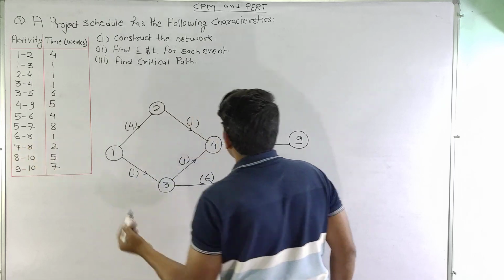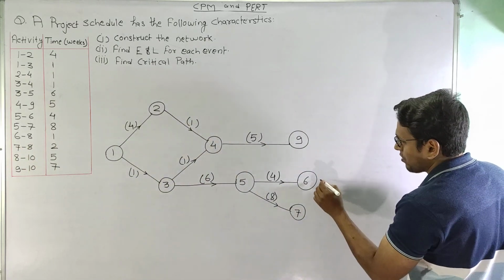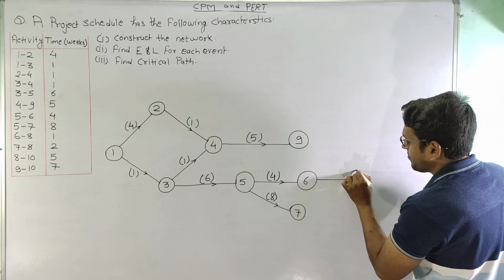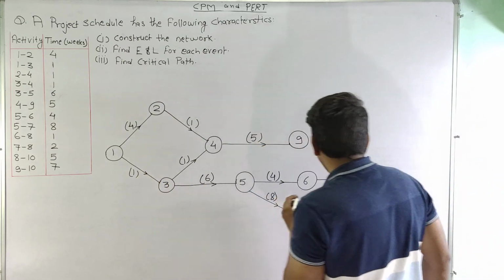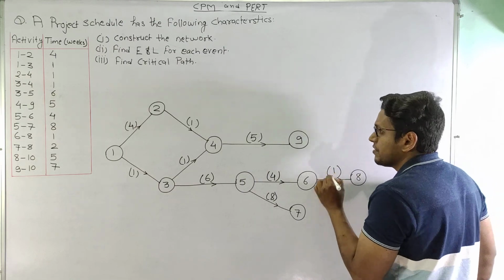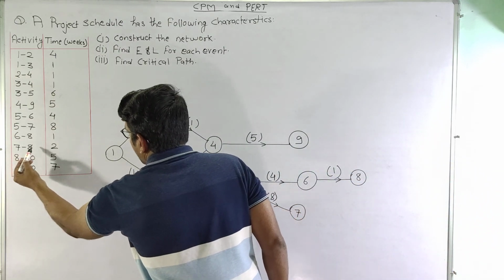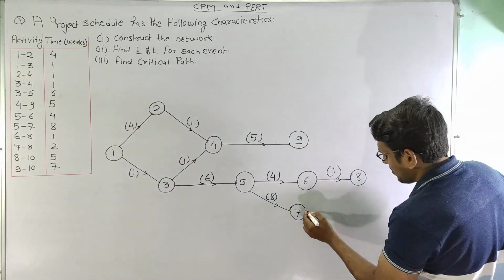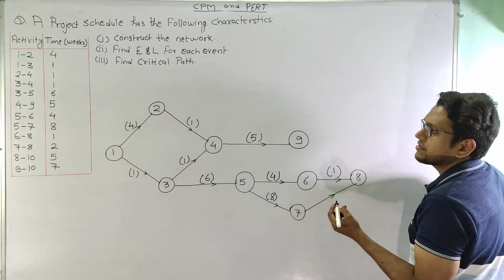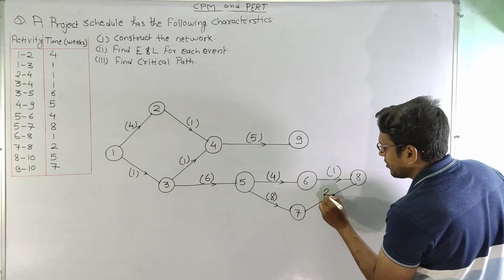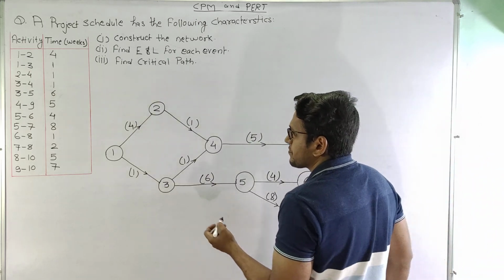Now activity 6 8, we'll draw 6 to 8, this is node 8, and this has a time of 1 week. Similarly 7 to 8, we'll draw 7 to 8, and this has a time of 2 weeks.